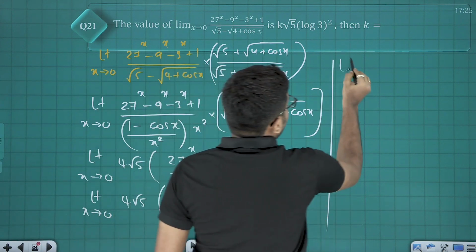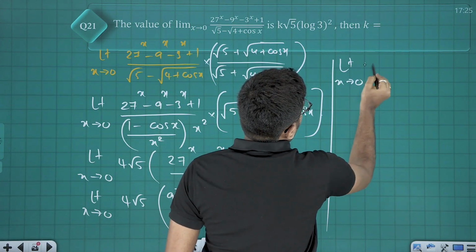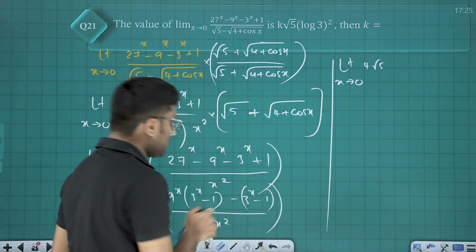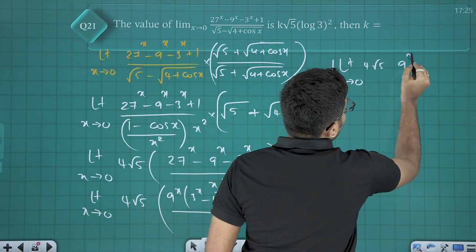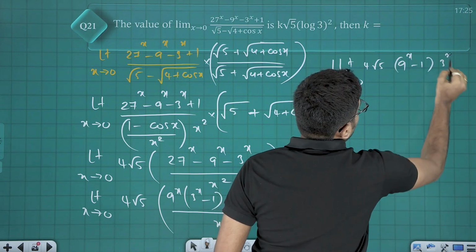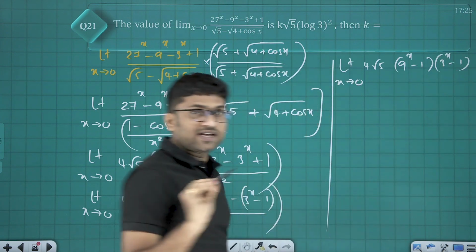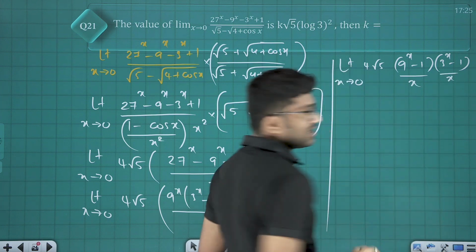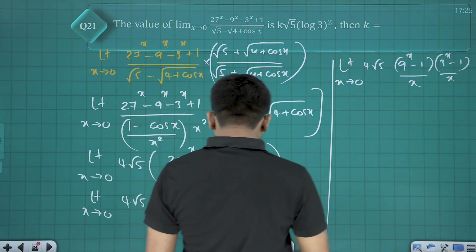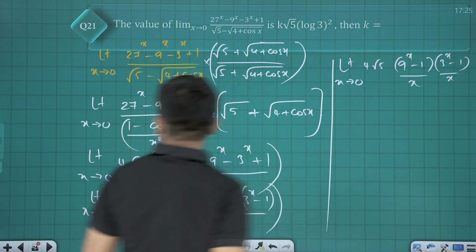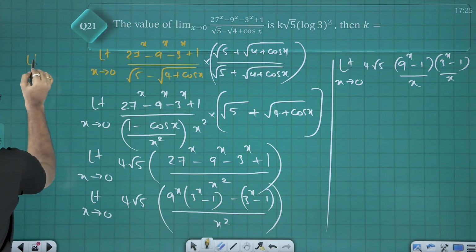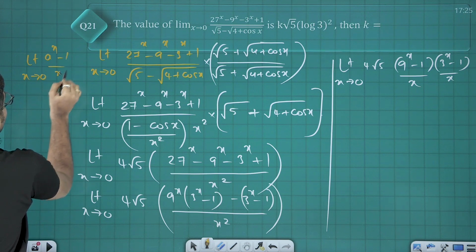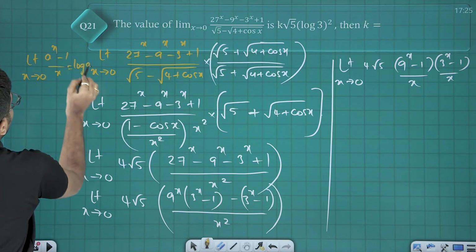That becomes limit x tends to 0, 4 root 5 into, see friends, if you take 3 power x minus 1 common now, you get 9 power x minus 1 into 3 power x minus 1 divided by x square, no? Let's split that as by x into by x. Now we know the standard formula in limits: limit x tends to 0, a power x minus 1 by x is log a.